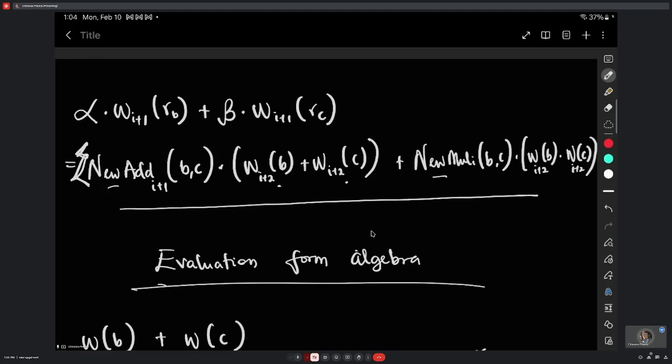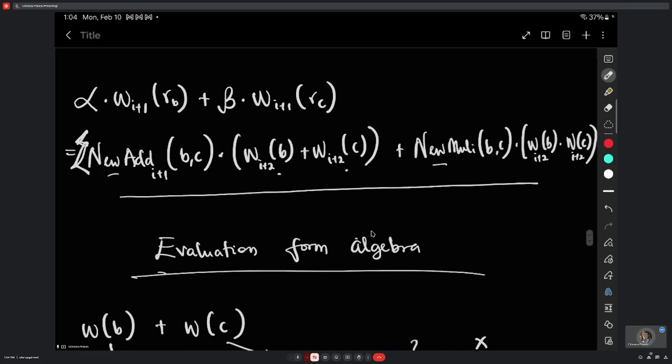W evaluated at B, right? And W evaluated at C. It's still the W polynomial, meaning that it still has the same number of evaluation points, right?